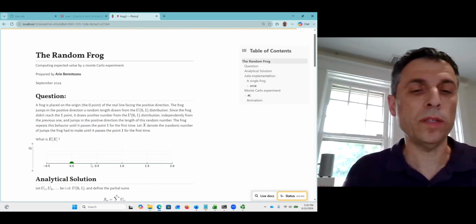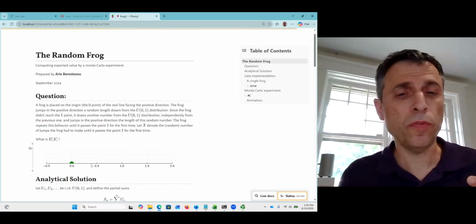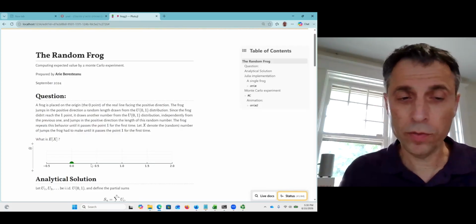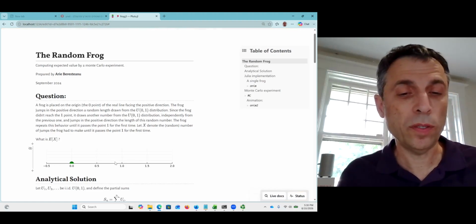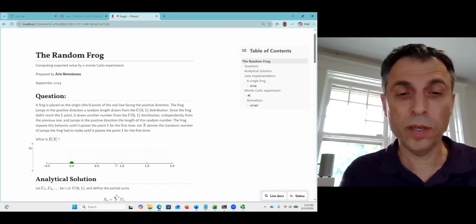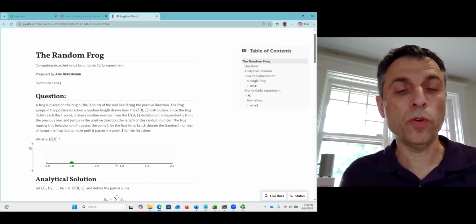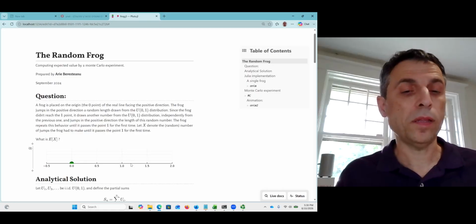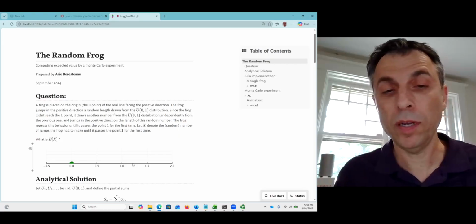It will not do that in the first jump, so it draws another uniform number independently of the first one and jumps that distance. If now it passes the 1, it stops. If not, it keeps drawing a uniform number independently from the previous draws until it passes the 1 point the first time, and then it ends.